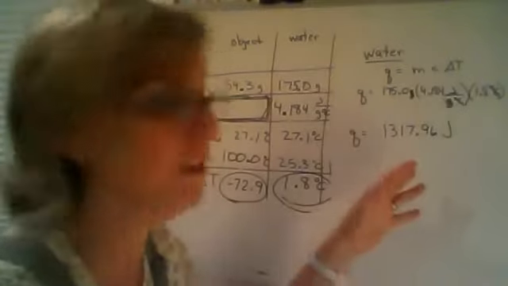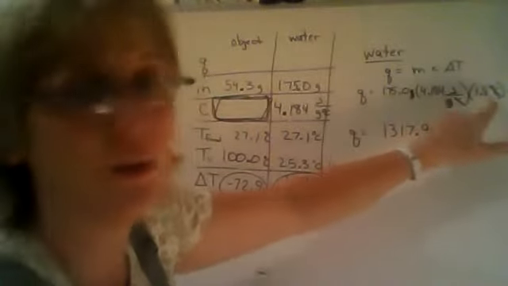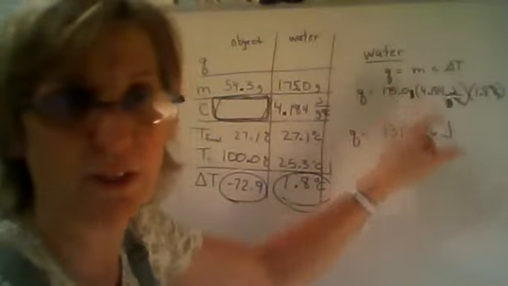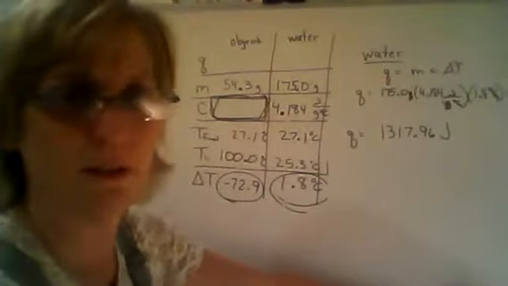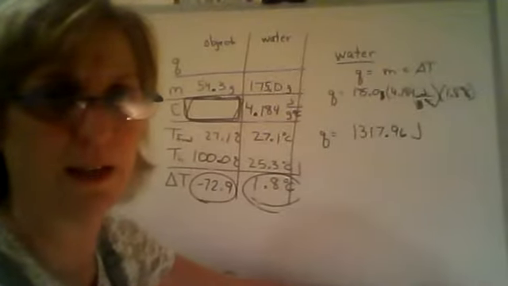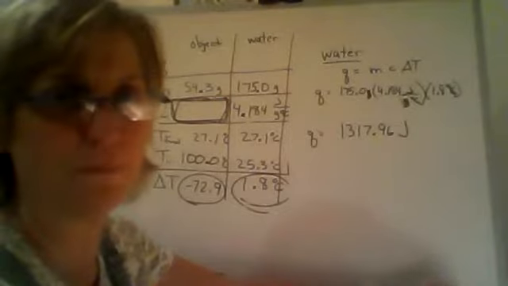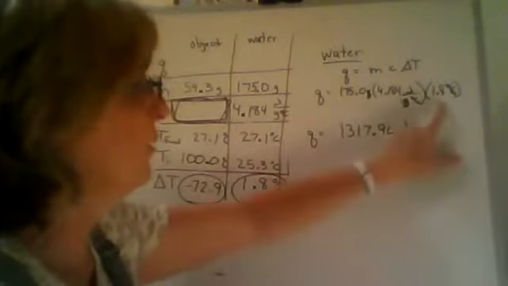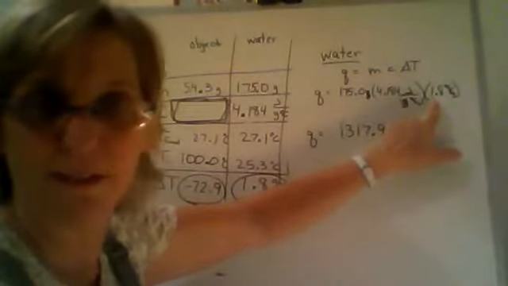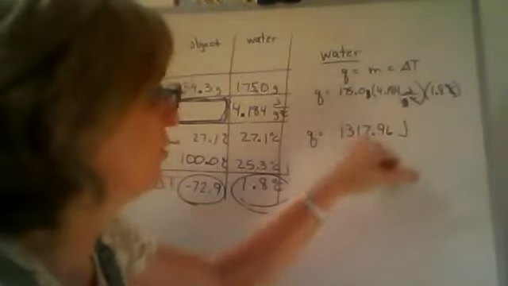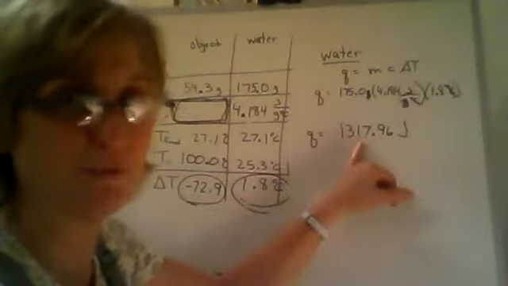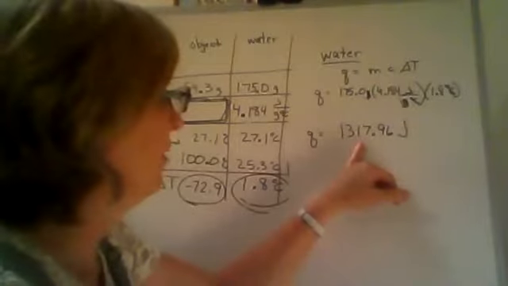Too many significant figures. When you're multiplying, you count the least number of significant figures. 1.8 has only 2 significant figures, so we can only have 2 significant figures here.